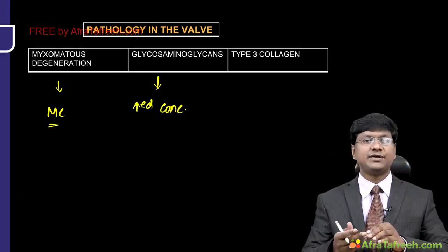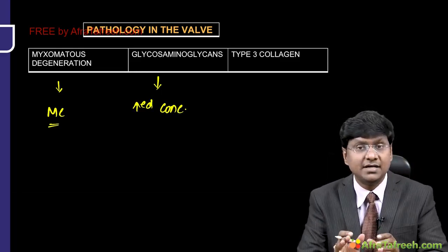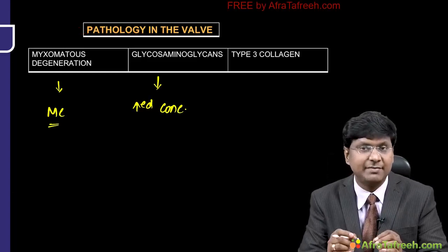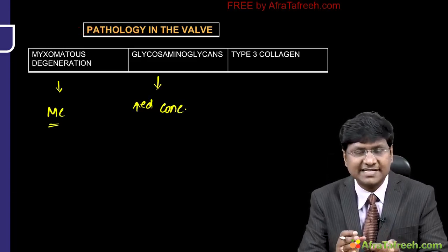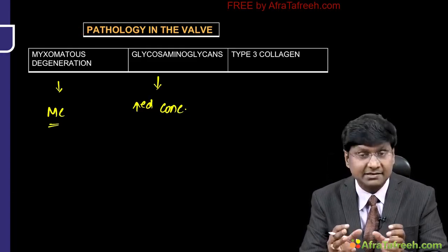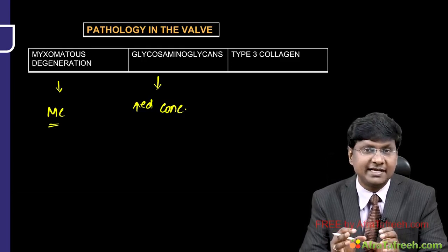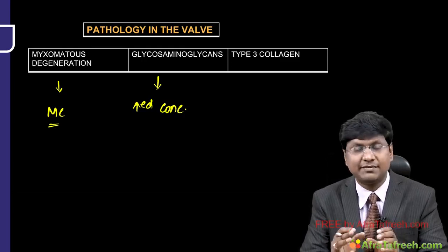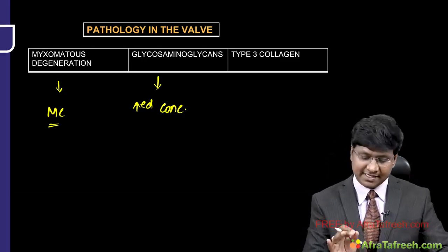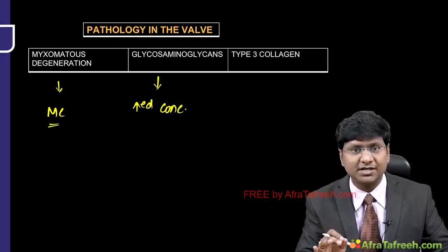What are these glycosaminoglycans? These are basically a complex form of carbohydrates, mainly in the form of disaccharides. These disaccharides combine with amino acids, and these glycosaminoglycans get excessively accumulated within the mitral valve, causing degeneration of the basic structure of the valve. That is another important pathology that happens within the valve.